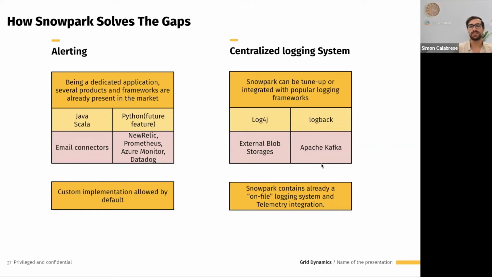Or let's say I want to make my logging system based on Apache Kafka or on some event-driven products. Log4j, Logback, and other products have it. Snowflake SQL does not. And as I said, Snowpark already has Log4j or Logback as a dependency. You just need to switch between them, whichever fits your needs better.